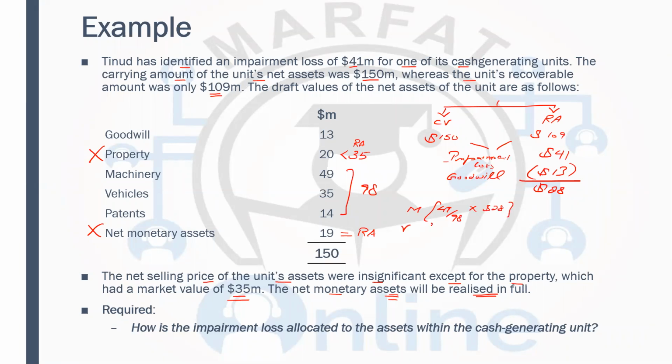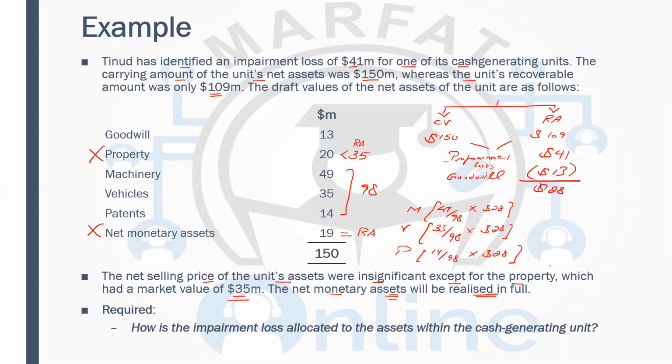Then the vehicles, the value of vehicles is 35. How much does it represent of the total three assets? This is known as the pro rata basis. You are calculating the percentage of machinery with respect to these three total assets, and the percentage of vehicles with respect to the total of these three assets, and then multiplying by the 28. Similarly, we have the patents: 14 divided by 98 into 28.